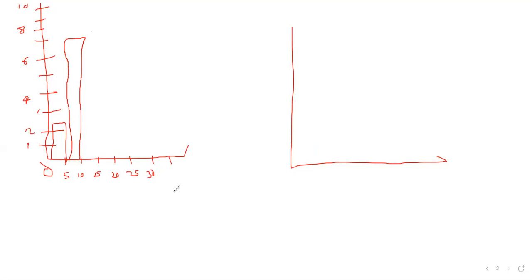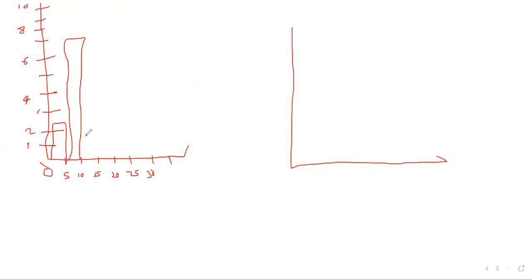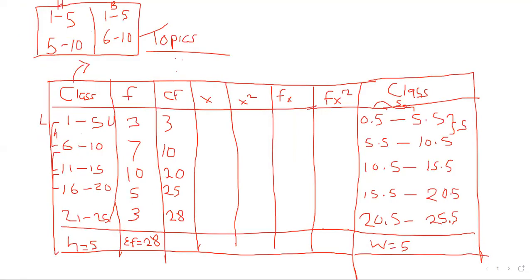Okay. Then we go 11 to 15, the height is 10. So 11 starting from here to 15, the height is 10. So ideally, what I'm trying to go through is you understanding the difference between a histogram and a bar chart.